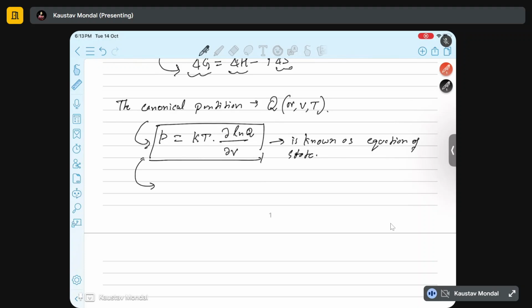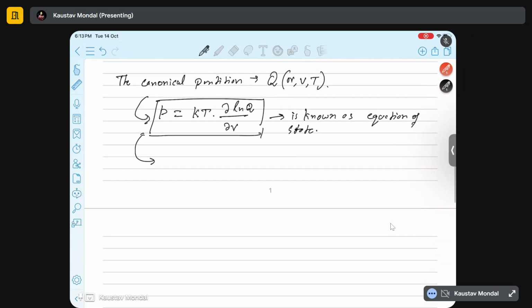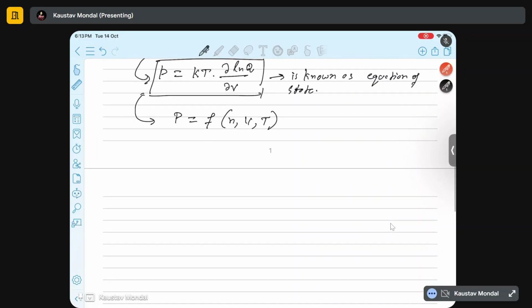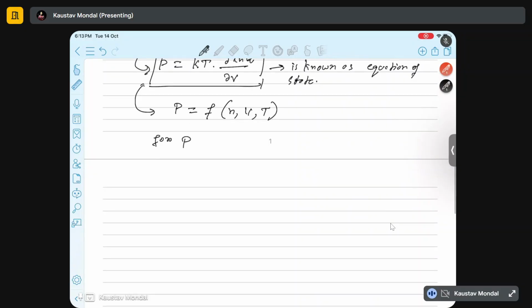Evaluating this equation gives you how the pressure is a function of number of particles, volume, and temperature, right? So we know how this equation looks for a perfect gas.